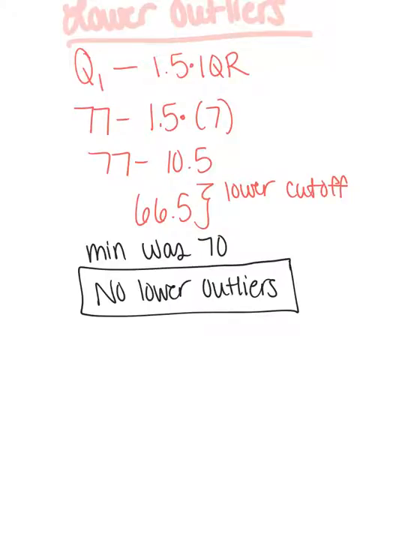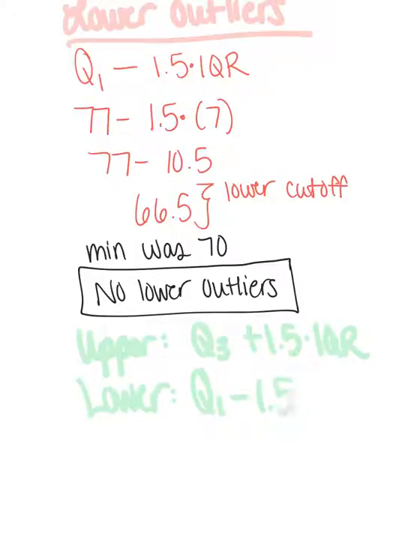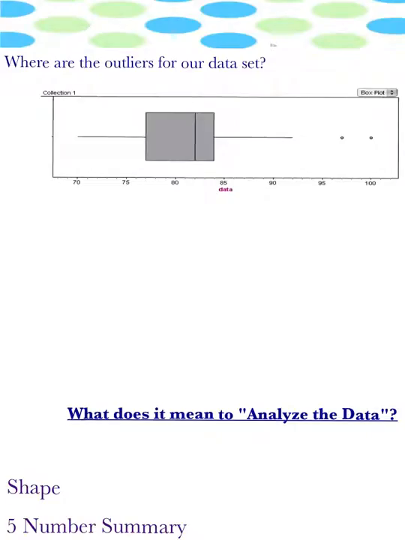So that's how you're going to find outliers using 1.5 times IQR. Just to recap, my upper formula is Q3 plus 1.5 times the IQR. And my formula for my lower cut is Q1 minus 1.5 times the IQR. And those are going to give me the cutoffs to find my outliers.